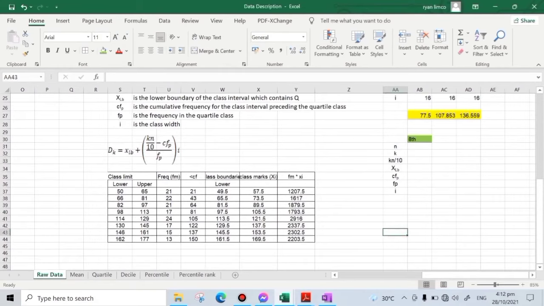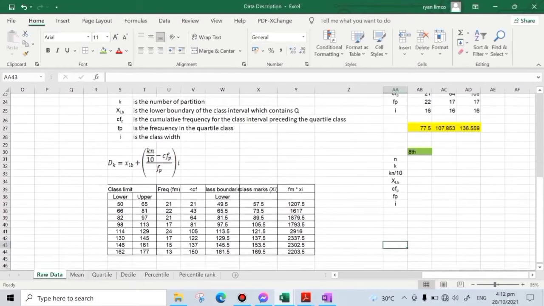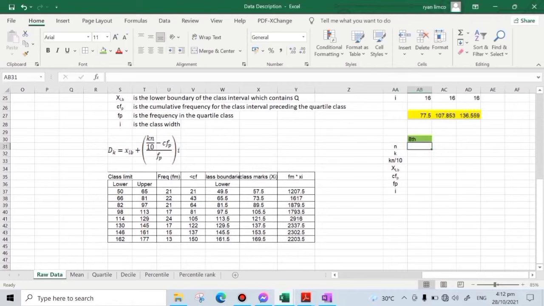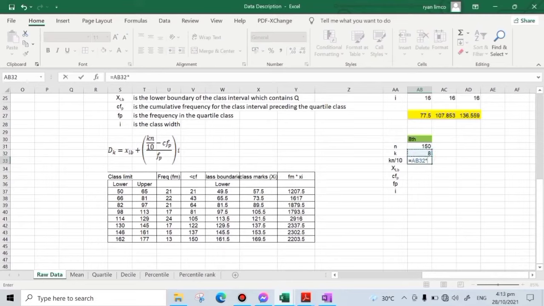So, we are asked to compute for the 8th decile, so our N is equal to 150. Our K for the 8th decile is 8. And Kn over 10, that's K times N divided by 10.